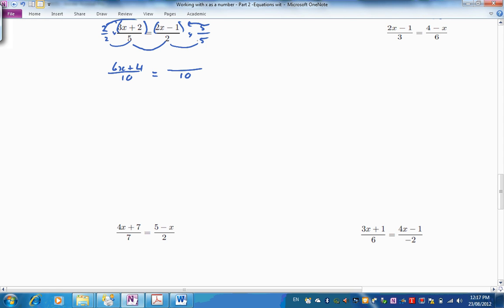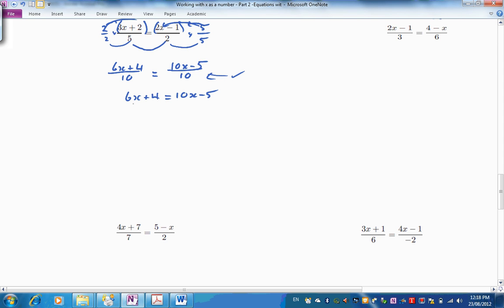So using a bracket, 5 lots of 2x is 10x, take 5 lots of 1 is 5. Denominators check out as being equal, therefore to keep the fraction on the left equal to the fraction on the right, the numerators or top lines must be equal.